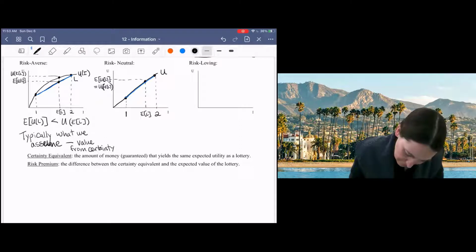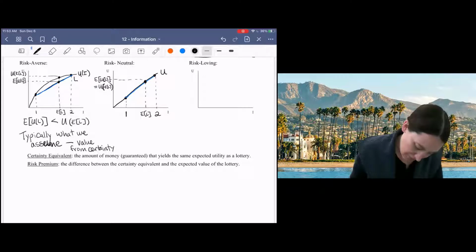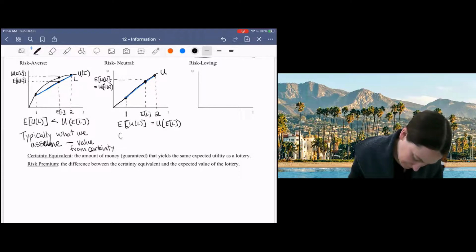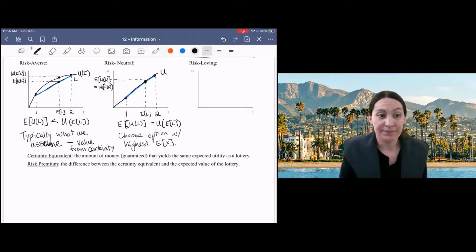They're the same. All right, so here all we care about is expected value. We'll choose the option with the highest expected value. We don't care about risk.